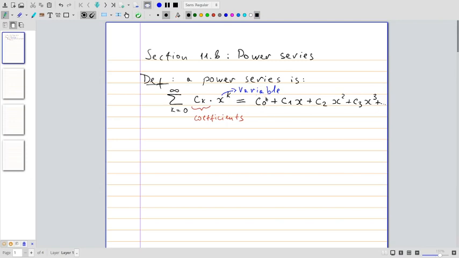What basically happens here is for every numerical value of x, you plug that numerical value into the infinite sum and you produce an infinite number series. So this falls under the general framework of a function. I want to emphasize that a power series defined in this way is a function.